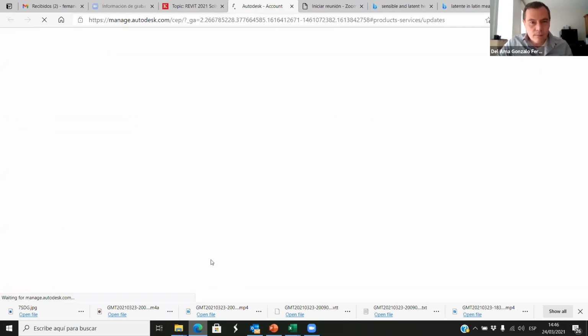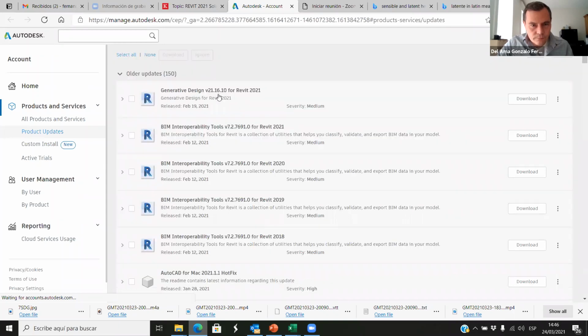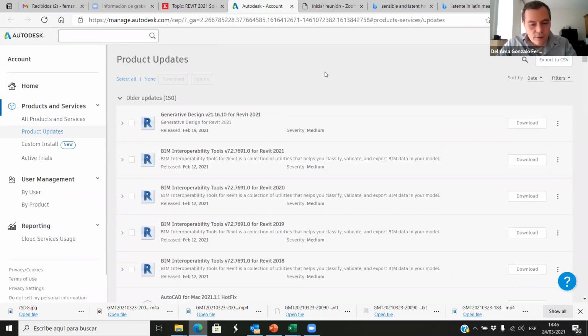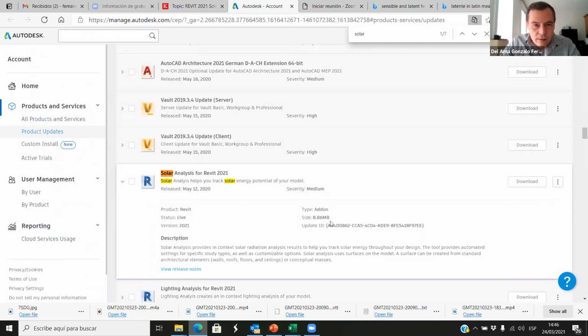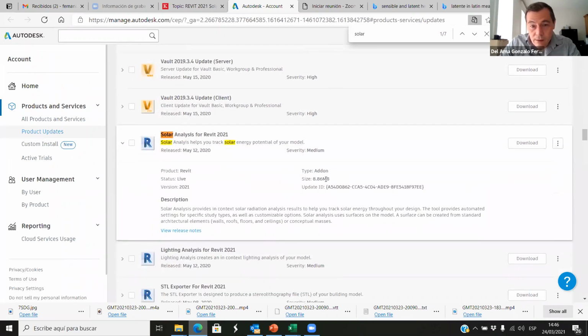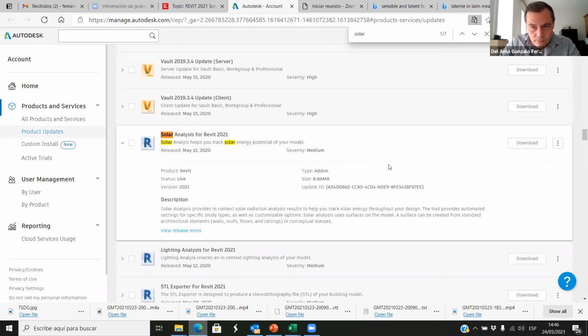Okay, so if you click here, you find this website with all the product updates, and you have to search for solar. Here you go. So this is the solar analysis for Revit 2021. You can click here, and it's not heavy at all.